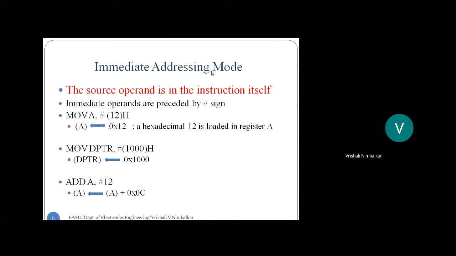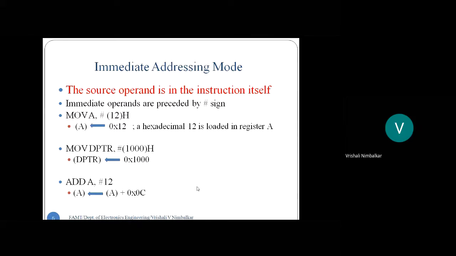Immediate addressing mode. Whenever you write an instruction, suppose you have written MOV A, 12 hex. MOV is called a mnemonic. A is called the destination operand.